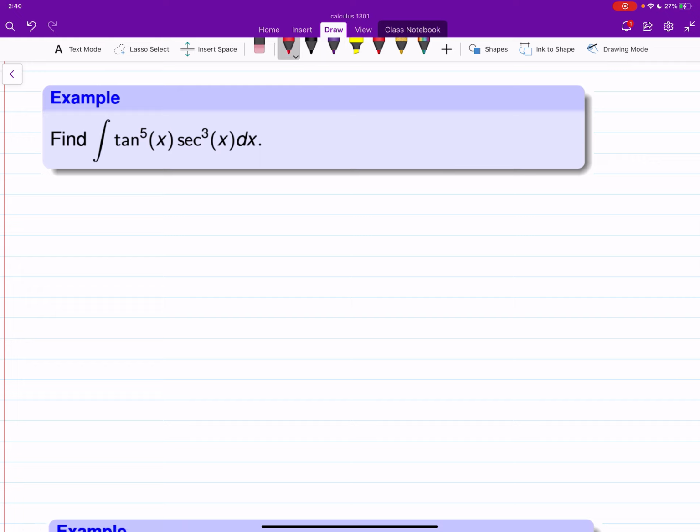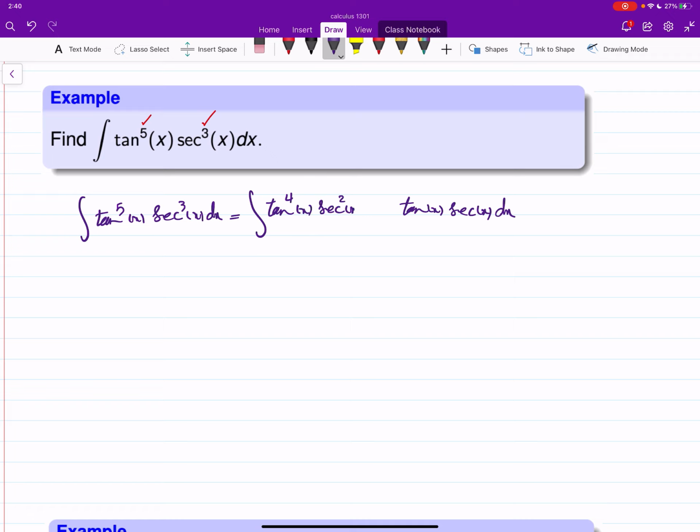So here the powers are odd, and I'll start: tan to the power 5 x secant to the power 3 x dx. That first step is always there, so I will take out tan x, one power from tan and one power from secant. Then the remaining ones will be tan to the power 4 x secant to the power 2 x. Okay, so let me just push this back a little bit.